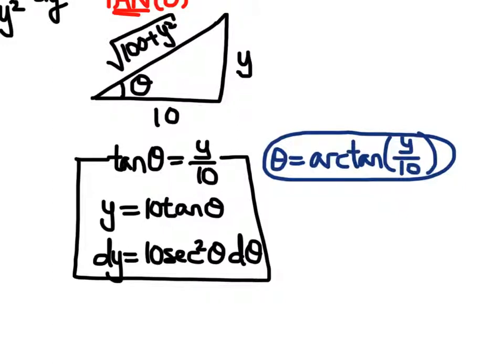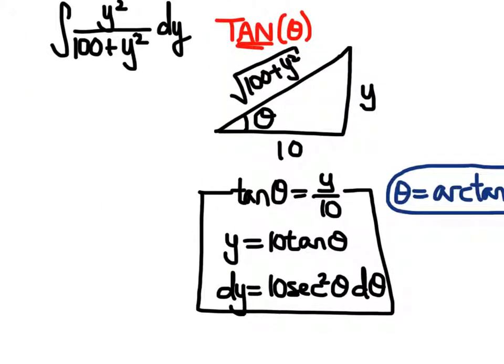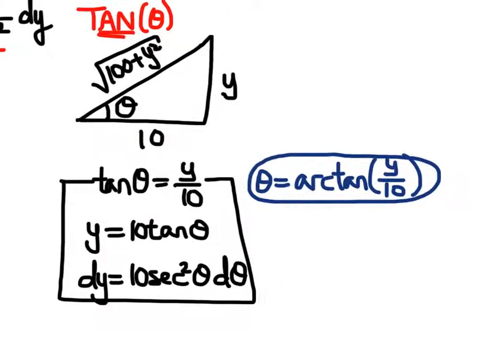Also, when we look back to our original integral, we see that the 100 plus y squared is going to be something that we'll have to get rid of when we make our substitution. So I'm going to use a little bit of a tricky technique here, where we use the triangle to solve for 100 plus y squared. You'll notice that secant theta is equal to the square root of 100 plus y squared all over 10.